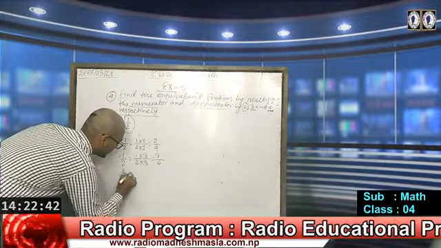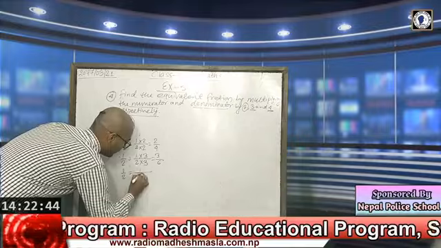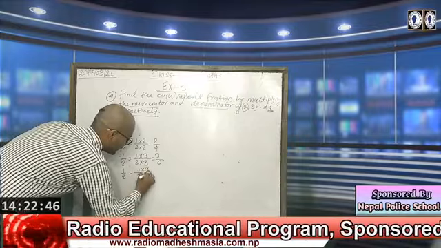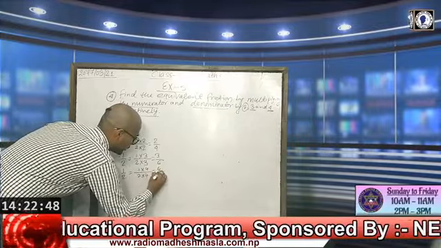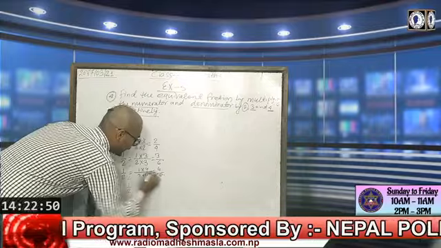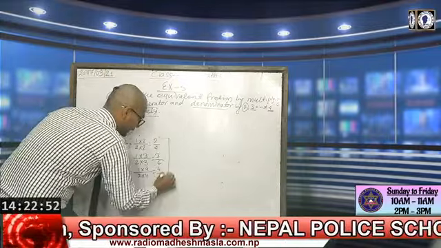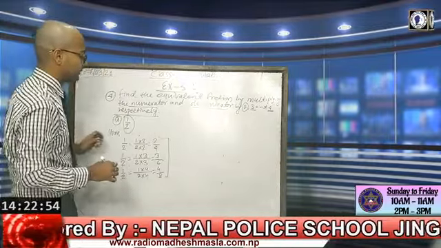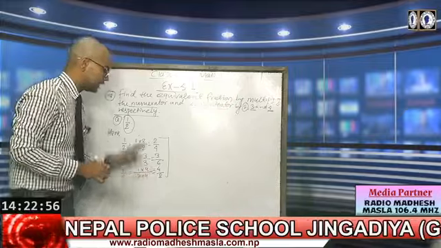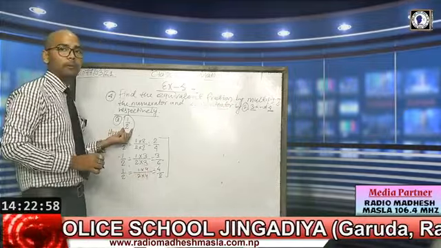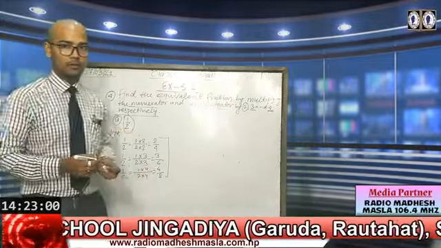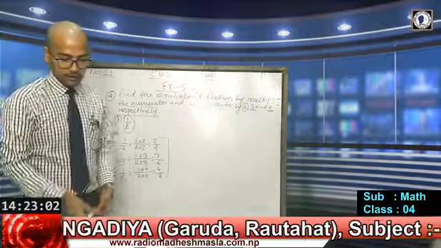So 1 by 2 is multiplied by 4. Then we will get 1 times 4 is 4, 2 times 4 is 8. So these fractions that we get after the multiplication are the equivalent fractions of 1 by 2 that we got.